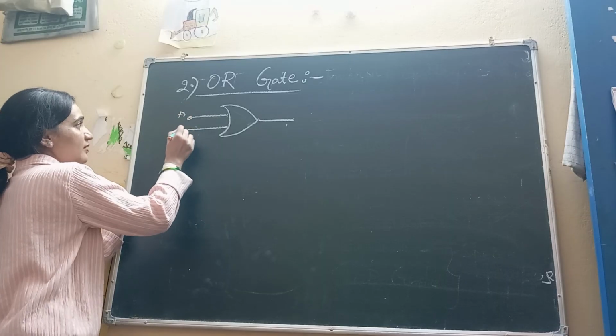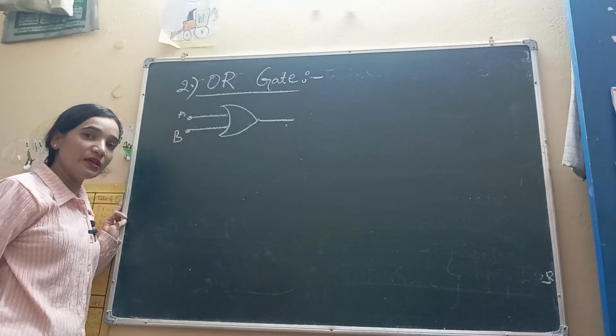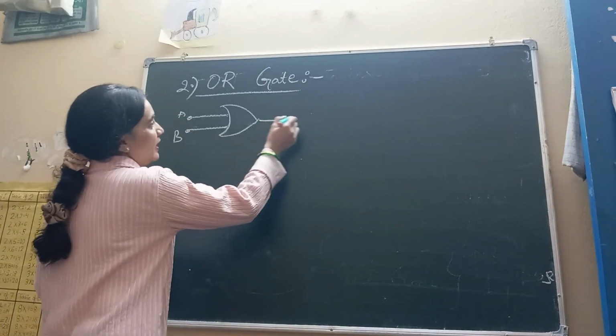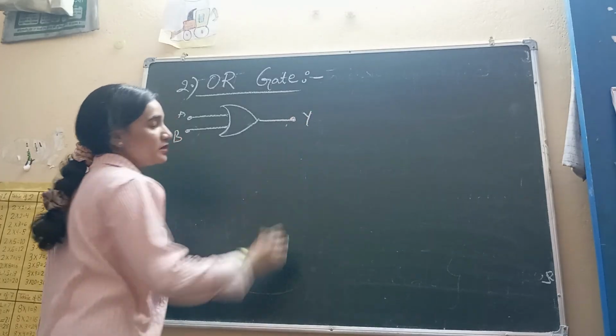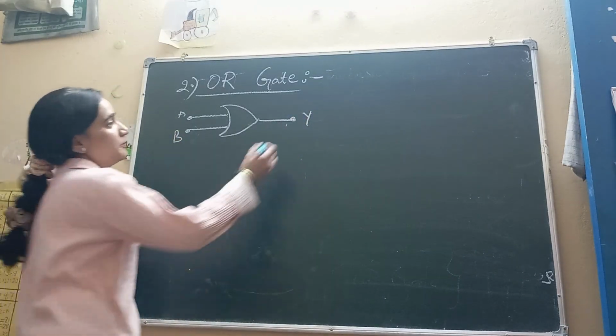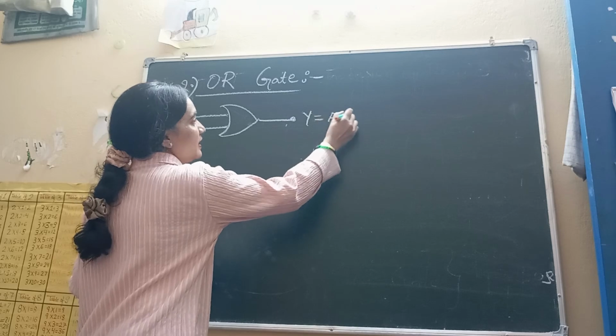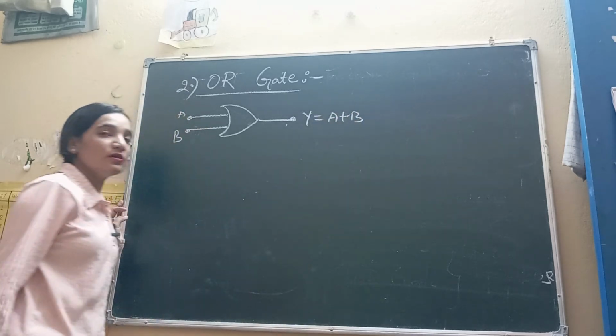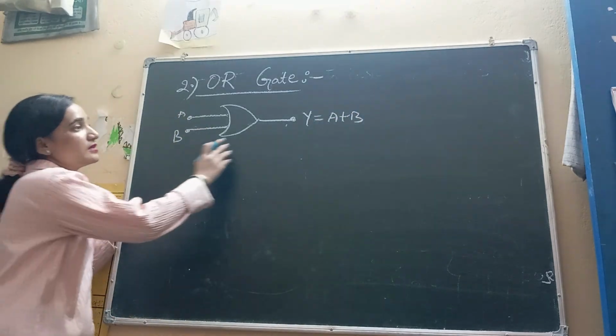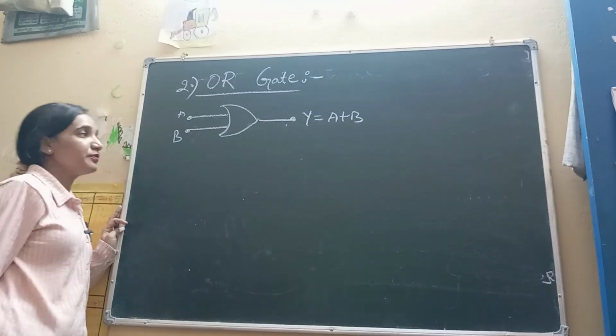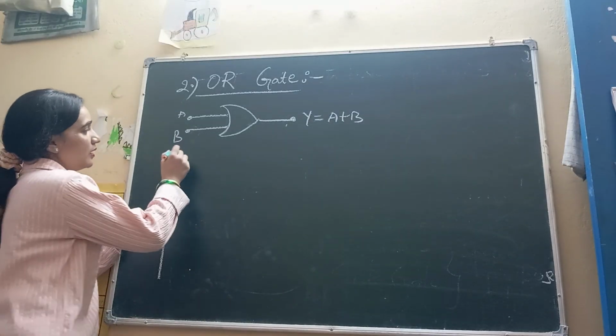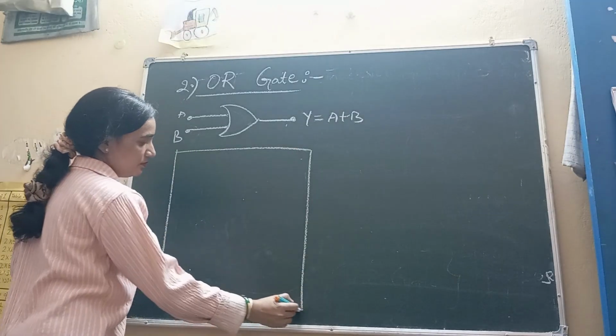This is input A, this is input B. Two inputs, and this is the output, represented as Y. The output will be A plus B. This is the OR operation. Now come to the truth table.